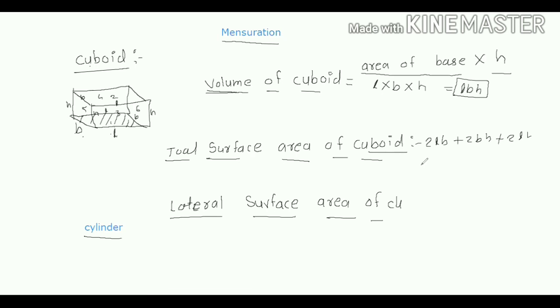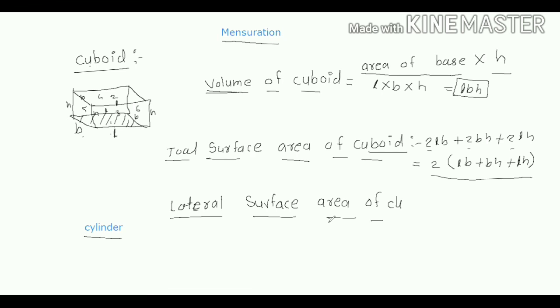If we take the common factor 2 from these 3 terms, we write 2 times LB plus BH plus LH. This is how we construct the formula for the total surface area of a cuboid.